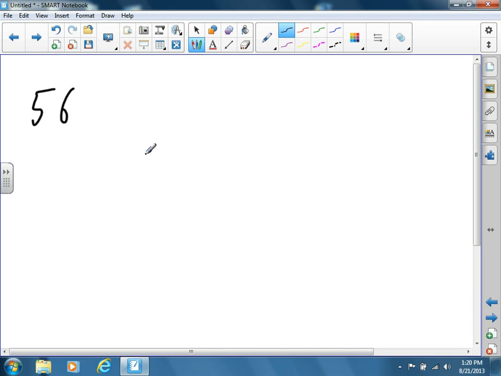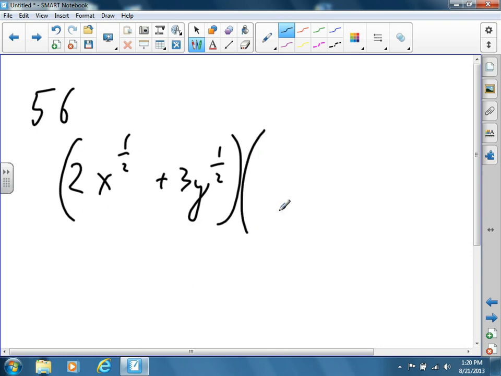56, yeah. So we have 2x to the 1/2 plus 3y to the 1/2 times, I mean, just trying to write the problem down so it's correct is going to be a problem, right? 1/2 minus 4y to the 1/2.